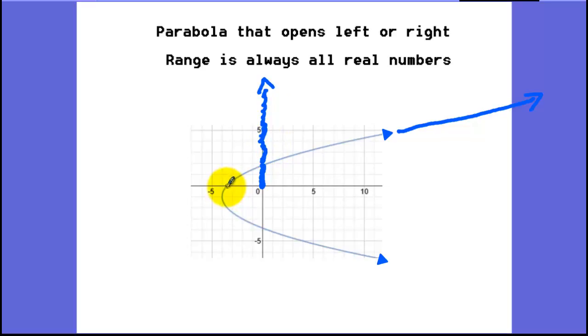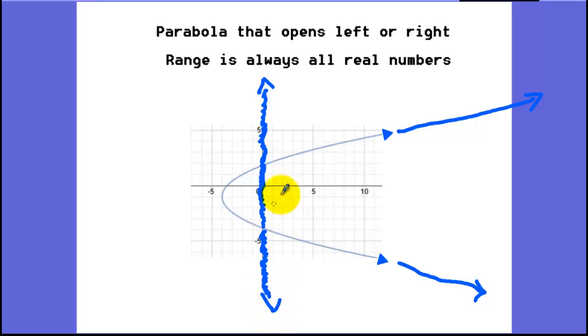Similarly, if I'm going to trace my function here, the shadow will be from here all the way down here. As you continue tracing your function, shadow will be from here all the way here. But again, we need to extend. We can extend our graph. And as we trace our extension, the shadow will be from here all the way here.